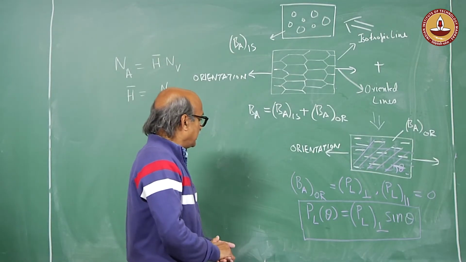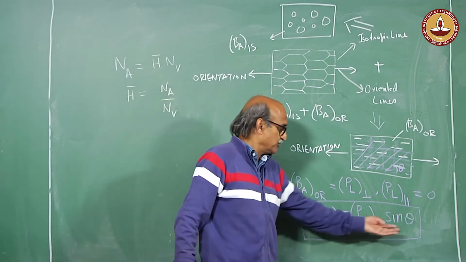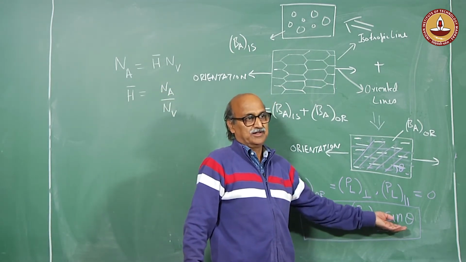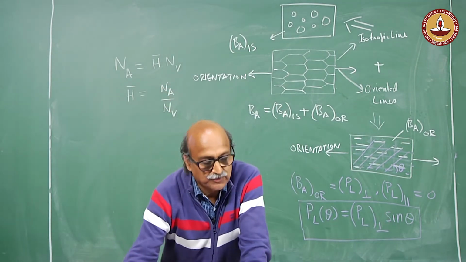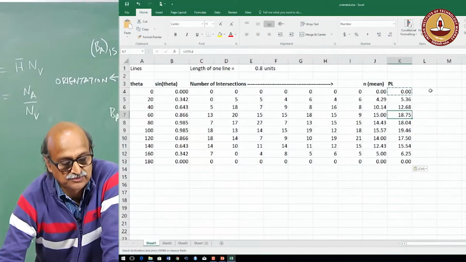Okay. Now, this should follow this relationship, isn't it? So, why do we not try and plot this in Excel itself?